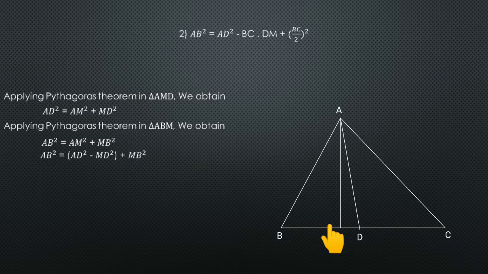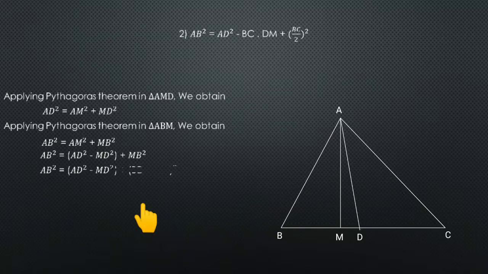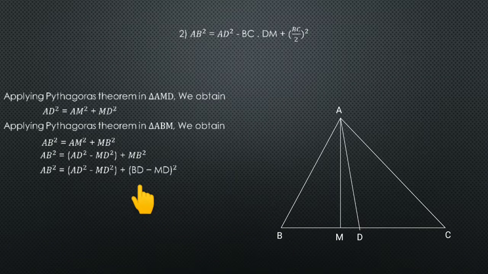Instead of AM square, we can write AD square minus MD square. Now, instead of MB, we can write BD minus DM. Now simplify this term, BD minus DM whole square.